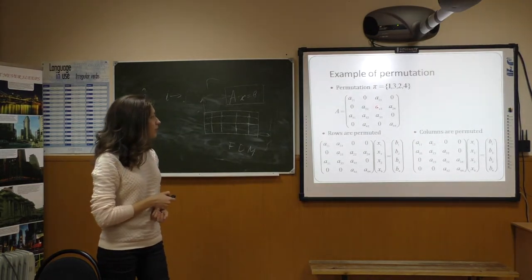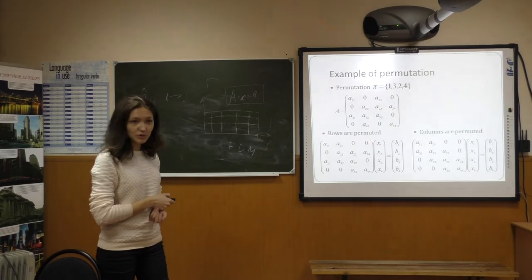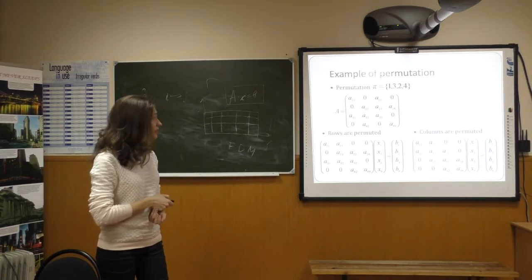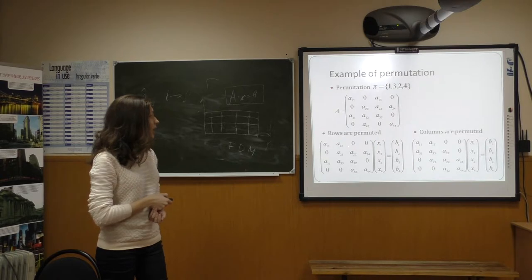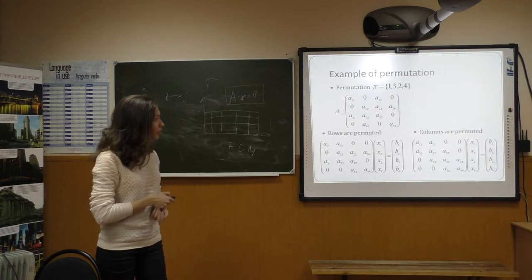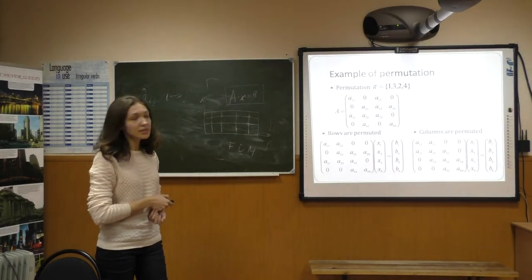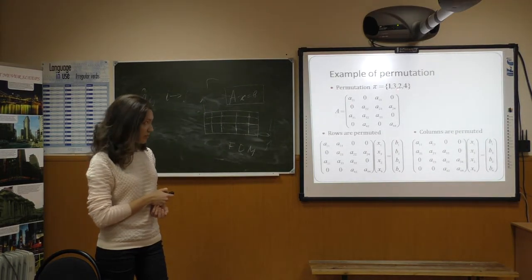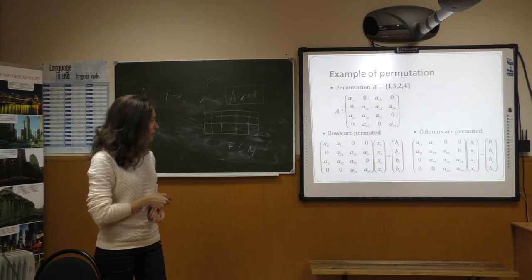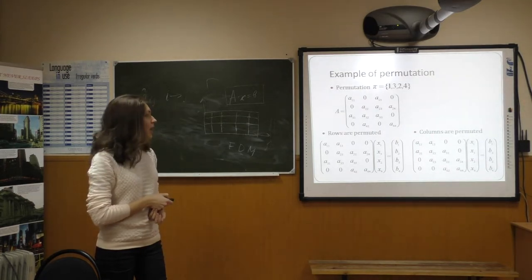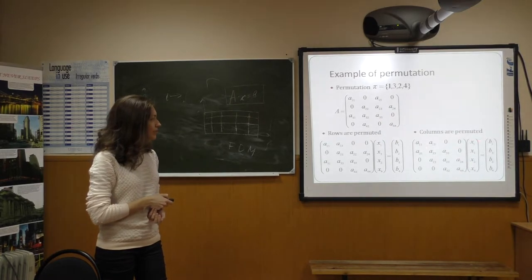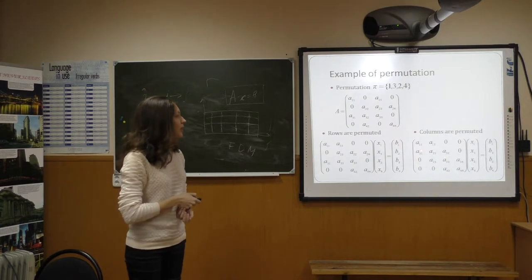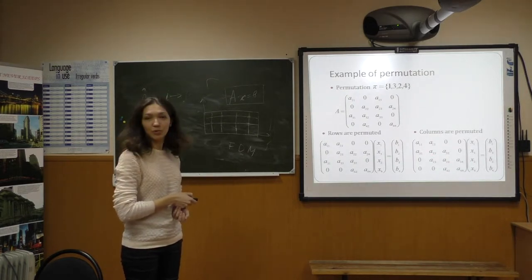If we perform this permutation on rows, we obtain the resulting system. Rows are permuted, and you can see that the order of unknowns has been changed. Then we can perform the same permutation, the same pi permutation, on the columns of this resultant matrix, and we can see that this matrix contains both its columns and rows permuted.